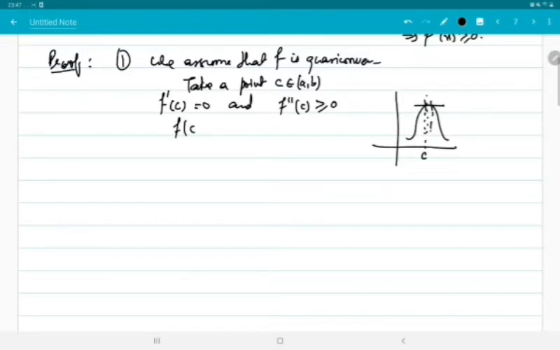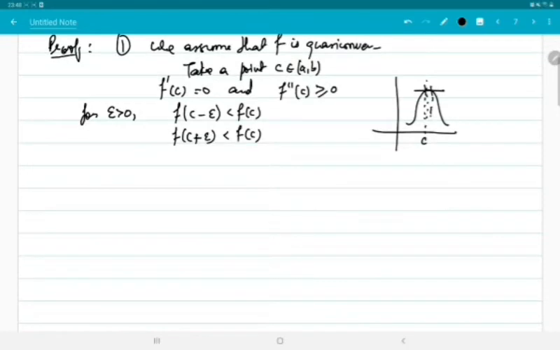So f of c minus epsilon, for epsilon greater than 0, is less than f of c, and f of c plus epsilon is also less than f of c.